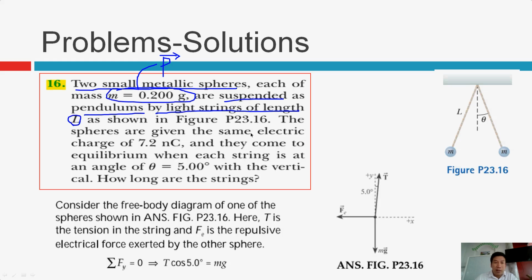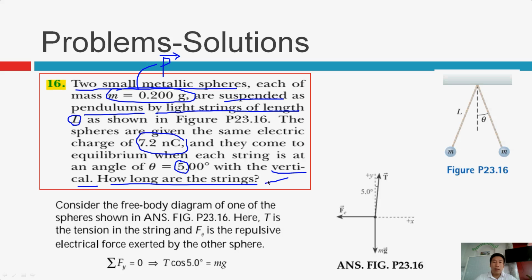But they give us the electric charge 7.2 nanocoulombs, and it comes to equilibrium when the string is at an angle of 5 degrees with the vertical. And they ask us how long the string is.